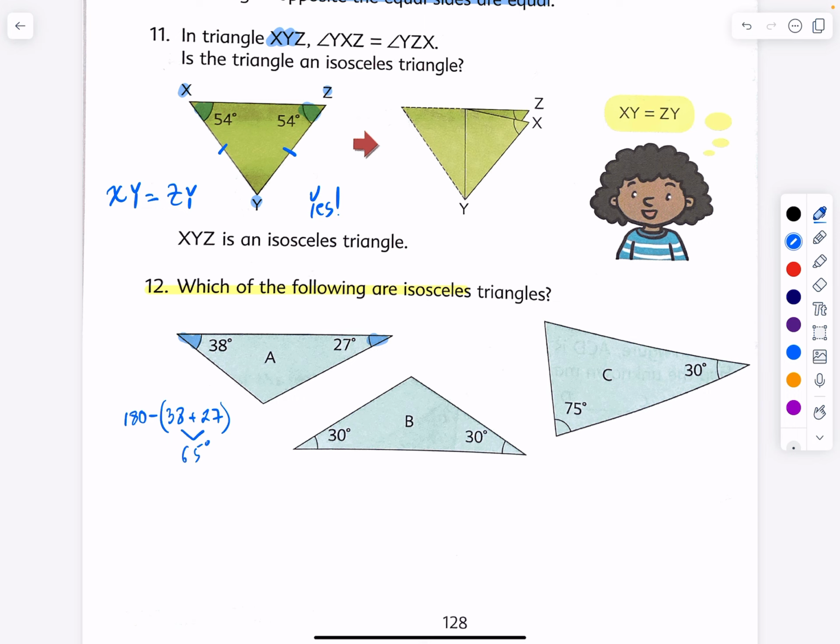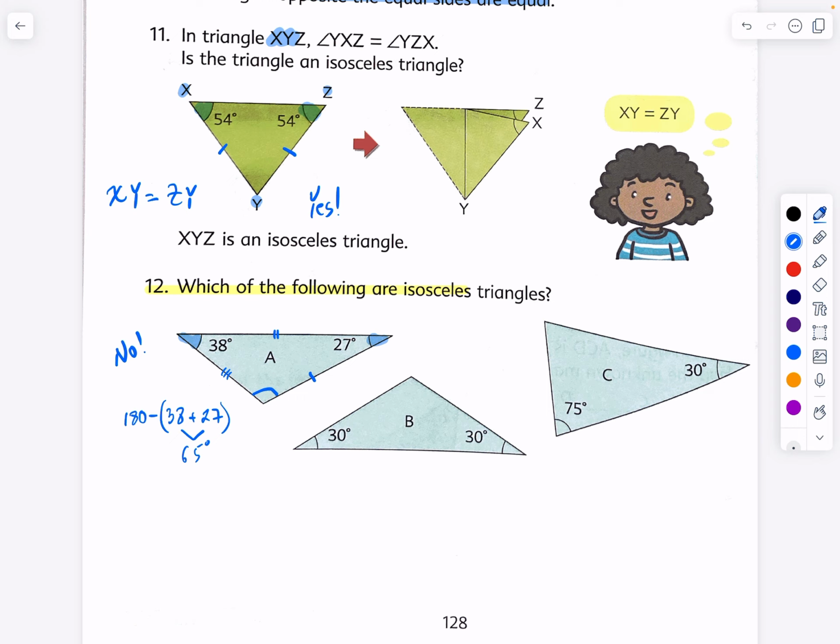And of course, when we do 180 minus 65, we get an obtuse angle. No angles are the same. All sides are different. It's a scalene triangle. We can mark them 1 dash, 2 dashes, 3 dashes, meaning not a single side is the same. No, this is not an isosceles triangle.